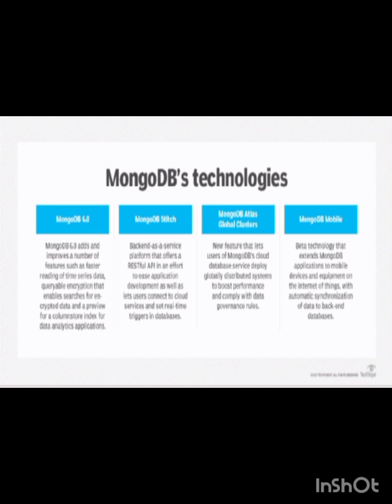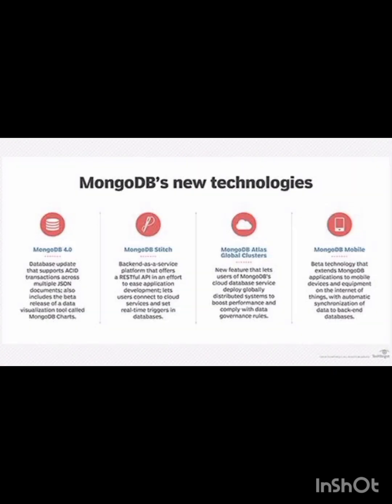So let us see about MongoDB's new technology. MongoDB 4.0, a database update that supports ACID transactions across multiple JSON documents, and it also includes the beta release of a data visualization tool called MongoDB Charts. Then MongoDB Stitch, a backend as a service platform that offers a RESTful API in an effort to ease application development. It lets users connect to cloud services and set real-time triggers in databases.